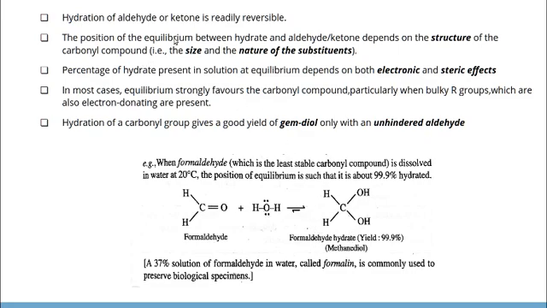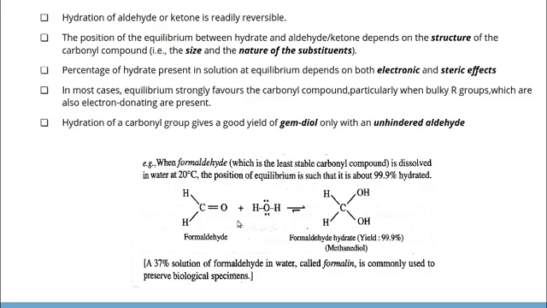The position of the equilibrium between hydrate and aldehyde or ketone depends on the structure of the carbonyl compound, that means the size and the nature of the substituents. Here we have a simple aldehyde, formaldehyde. When formaldehyde, which is the least stable carbonyl compound, is dissolved in water at 20 degrees Celsius, the position of equilibrium is such that it is about 99.9% hydrated.